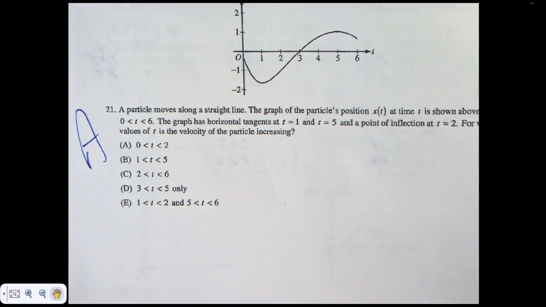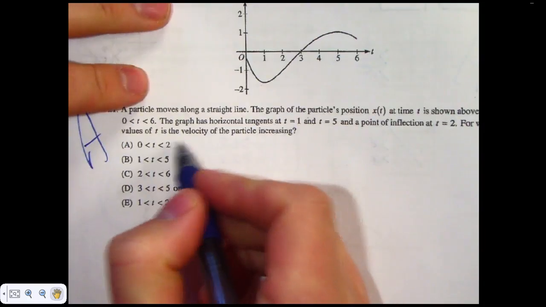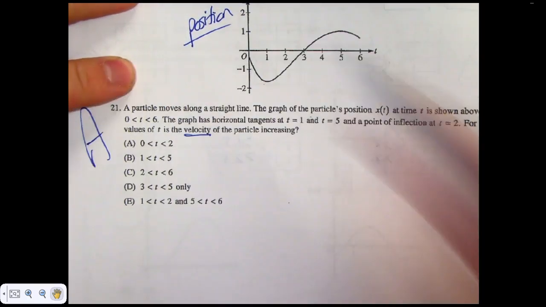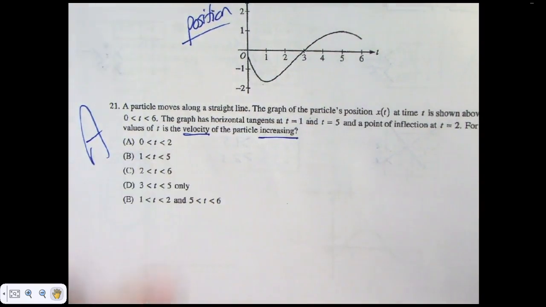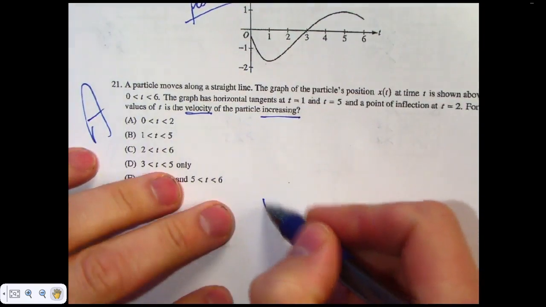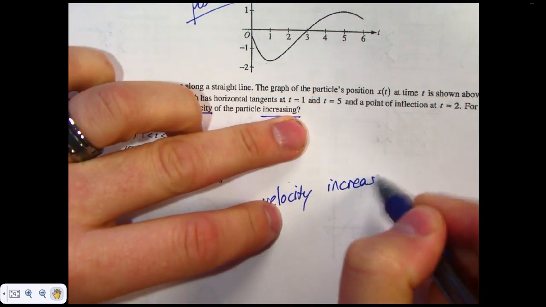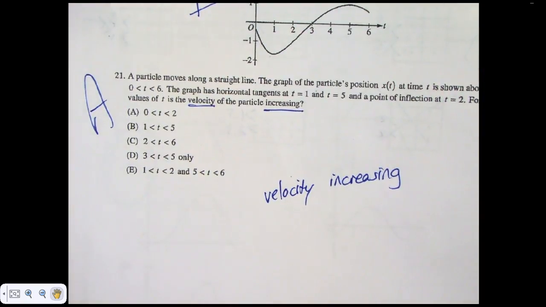All right, 21. So this is the position graph. That's what the x of t means. And they want to know when the velocity is increasing. Well, here's how I would process that. I'd say, okay, velocity increasing. What's velocity mean? What level are we at?